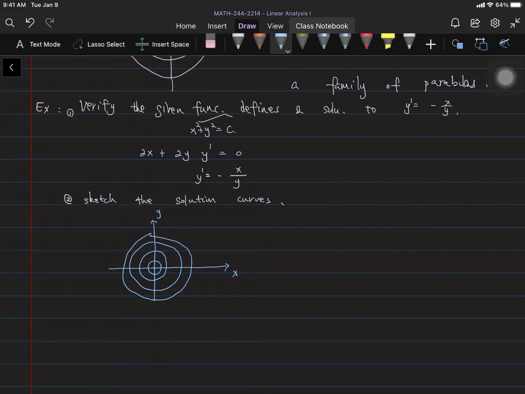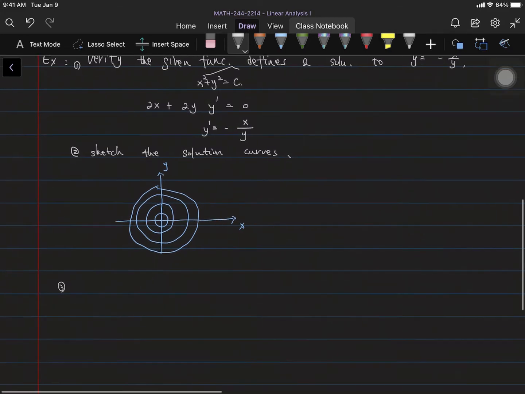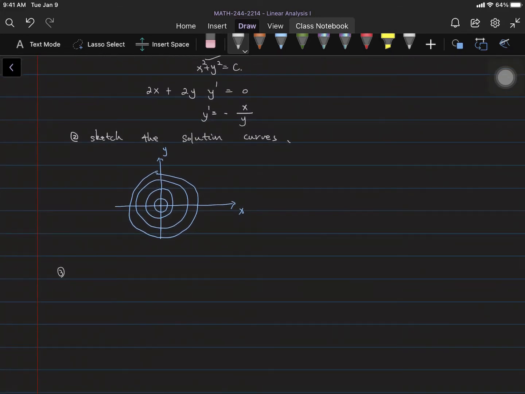Let's take a look at another one. Number 3, exercise problem. Actually, this is a solution to this differential equation.